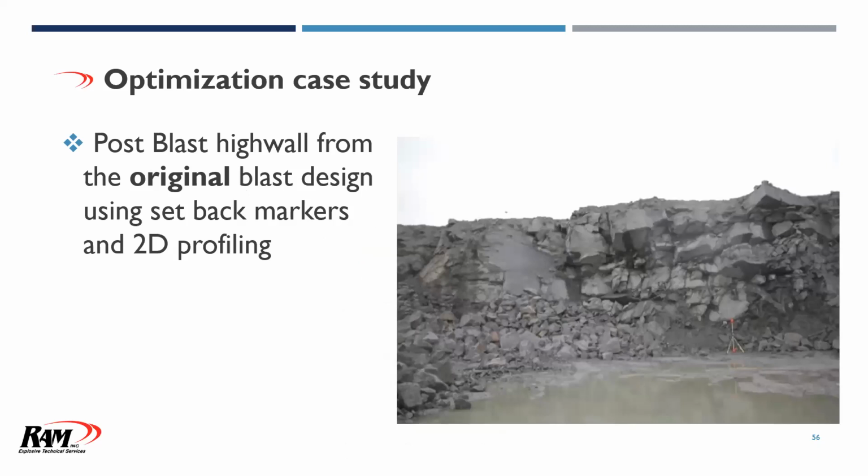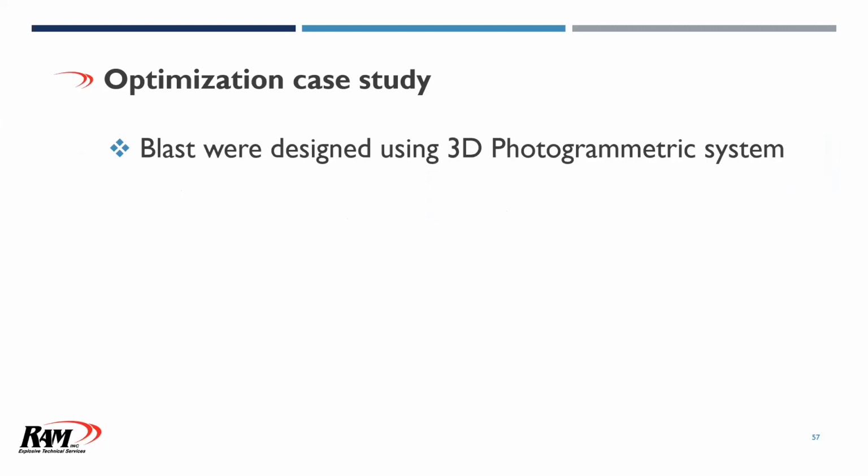And it was very evident early on. This was some of the original blasts that they did with setback markers and burden poles and things like that. And you can see the damage that they did from some cases being overburdened or improper burdens. You know, a whole host of things played into that.